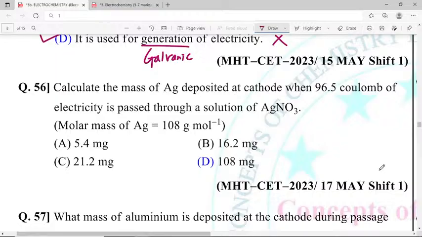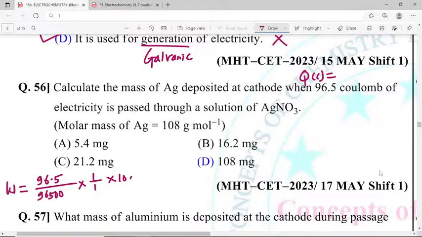Calculate the mass of silver deposited. This is given in coulombs, so directly use coulombs. AgNO3 mole ratio is 1 by 1, molar mass is given. So W is equal to 96.5 divided by 96500 multiply by mole ratio of silver 1 by 1 multiply by 108.